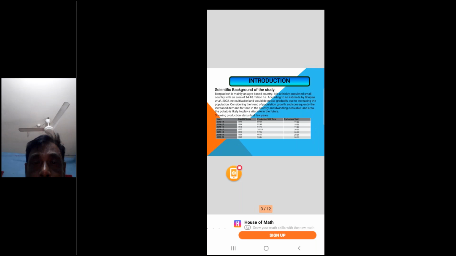Introduction. Bangladesh is mainly an agriculture-based country. It is a thickly populated, small country with an area of 4.48 million hectares of land.